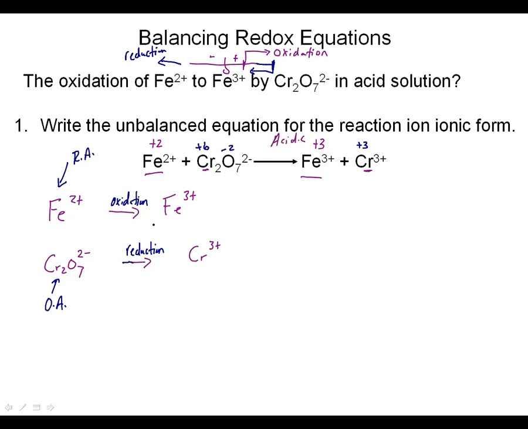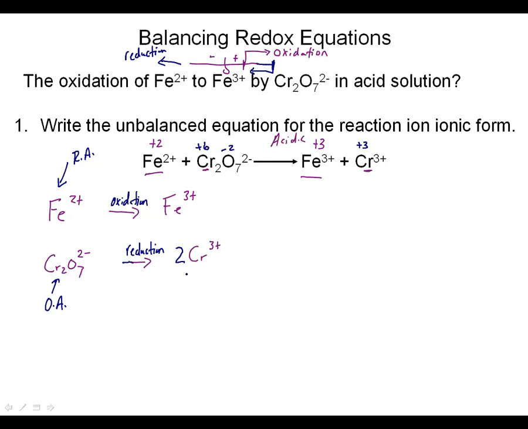We have one of each. Over here, we have two chromiums, but only one chromium on this side. To fix that, we are going to put a 2 in front of the chromium. Again, we're just going to balance it like a normal reaction. So that takes care of all the other elements besides the oxygen and hydrogen.